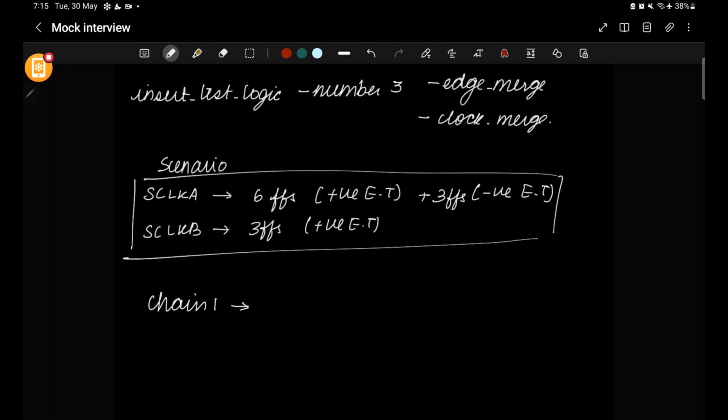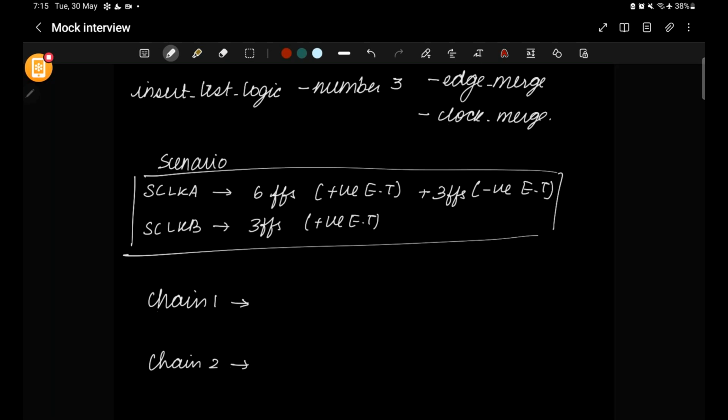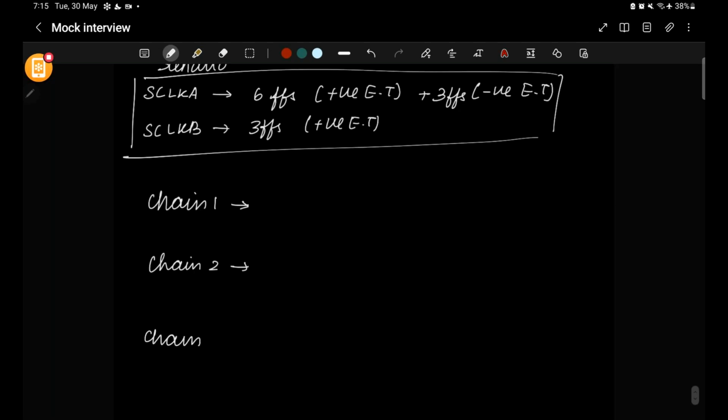So now what will happen in chain 1? As we have gone for edge mixing, here also 3 chains, insert test logic hyphen number 3. So 3 chains that it will be having, chain 1, chain 2, and chain 3.